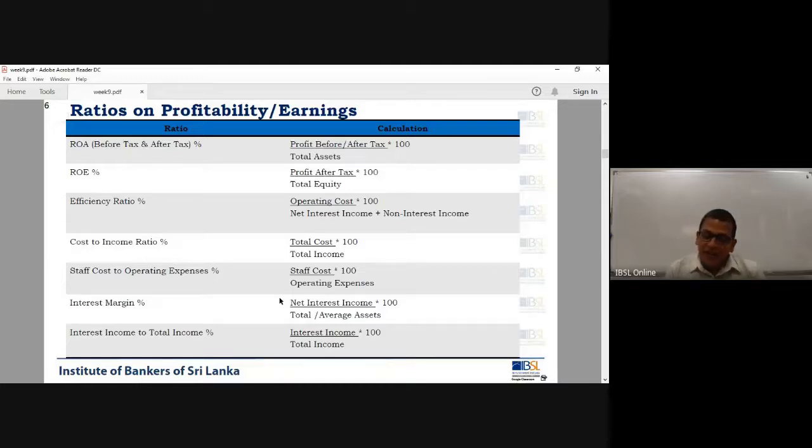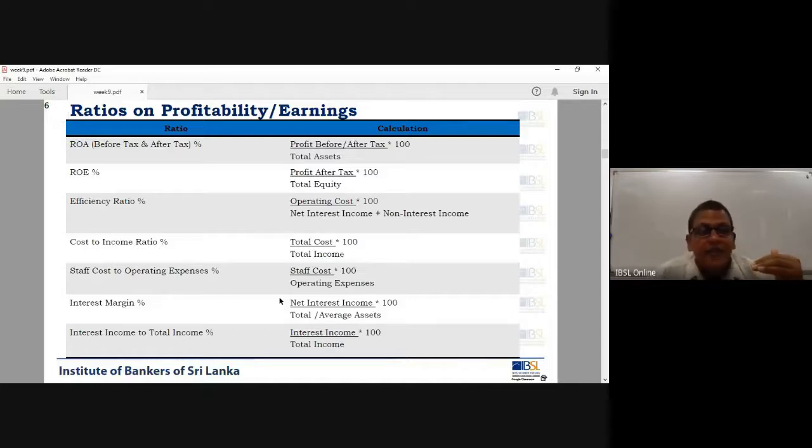Just for more clarification, which would be the higher ratio? Generally the ROE must be higher than the ROA, because generally the assets are higher than the equity.